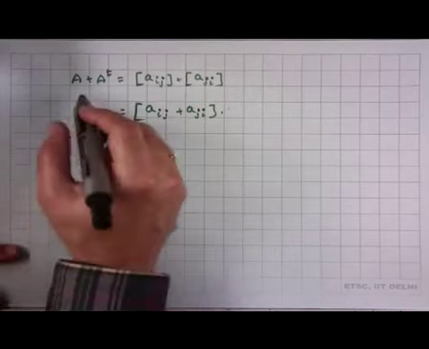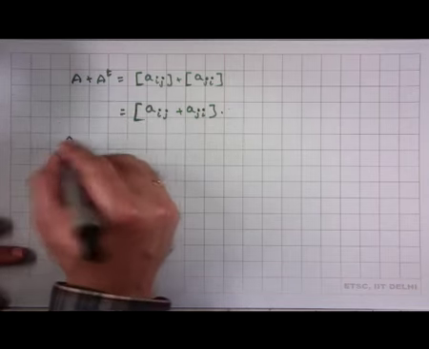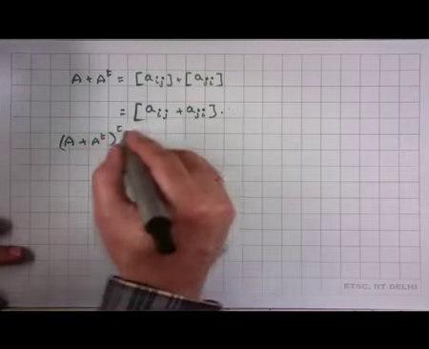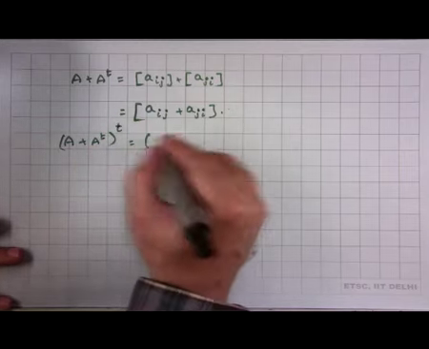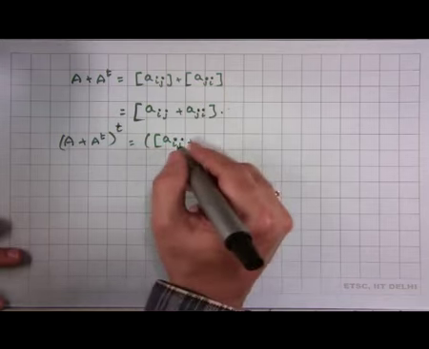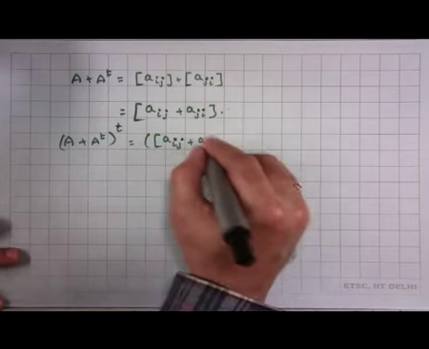Now, let us try to calculate the transpose of this A plus A transpose, which is the transpose of the matrix whose ijth entry is aij plus aji.